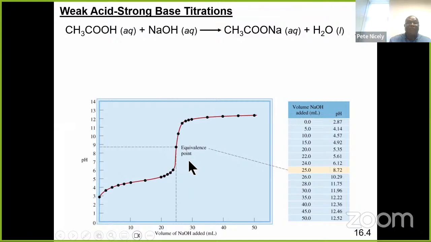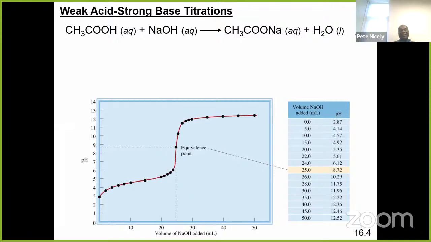One rule that you can follow to predict whether the equivalence point will be below, above, or at 7 is comparing the strength of the acid to the base. If the base is stronger than the acid, then the pH would be above 7, because at that point the solution will be basic. Now, if you were titrating a strong acid versus a weak base, then the pH will be below 7, all right?